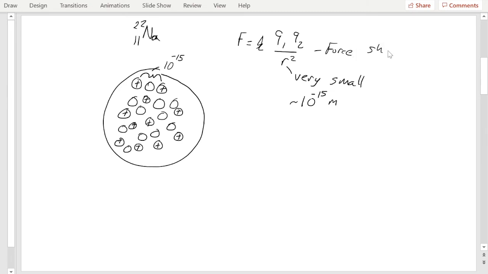And not only that, not only should the force be measurable, but the force between these two protons, here and here, should be repulsive. They should want to move away from each other. So how does this nucleus stay stable?